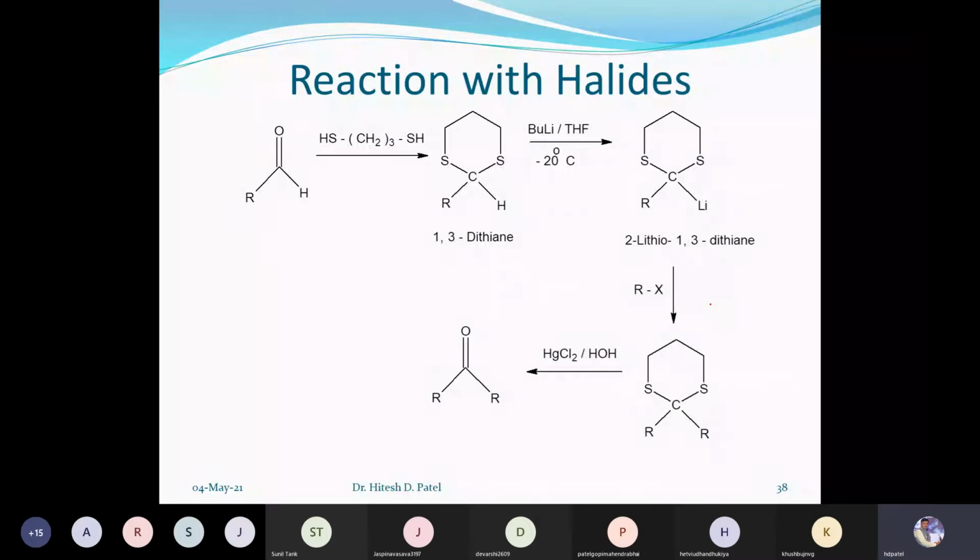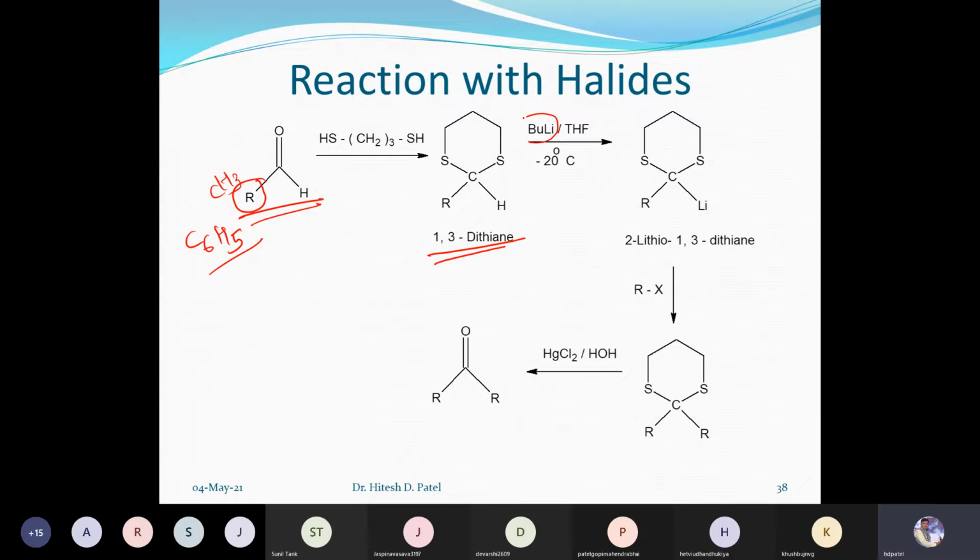Here is the example. Suppose we have a substituted benzaldehyde or substituted aldehyde, R equal to CH3, that is acetaldehyde, or R equal to C6H5, that is benzaldehyde. By treatment with 1,3-propane dithiol, we get the 1,3-dithiane compound.